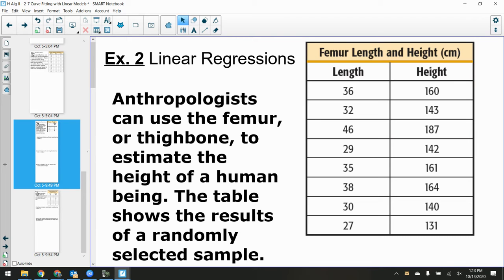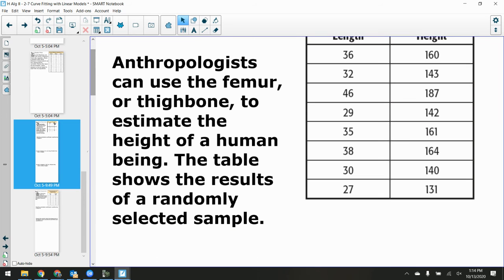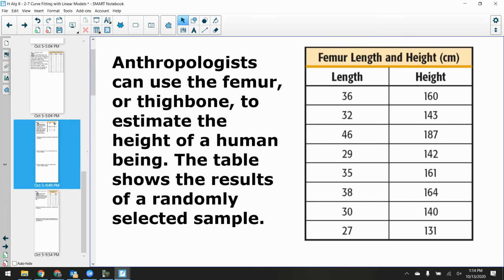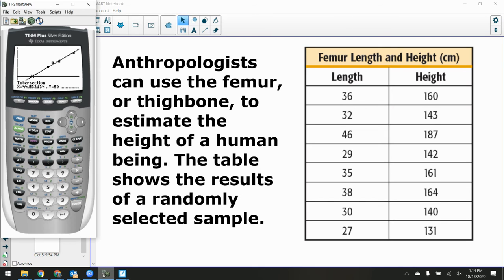Okay. All right. So this is just a set of data with femur length and height. Let's go ahead and input this data into our calculator, shall we? We'll do this all together. Again, go stat and edit. Clear out anything that's there.